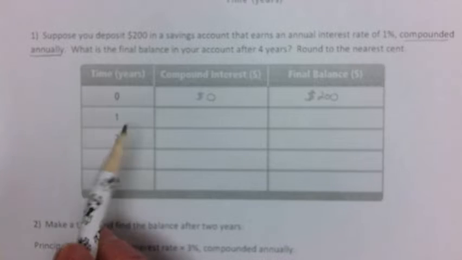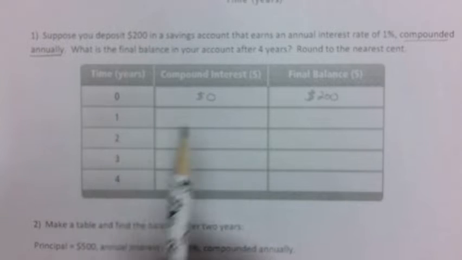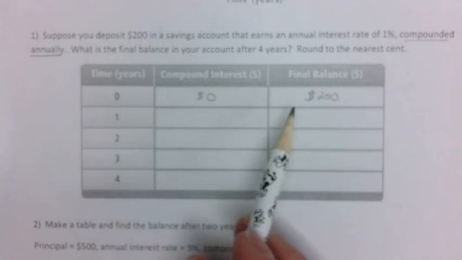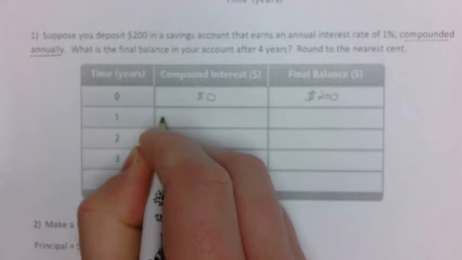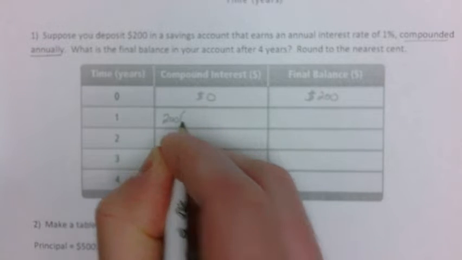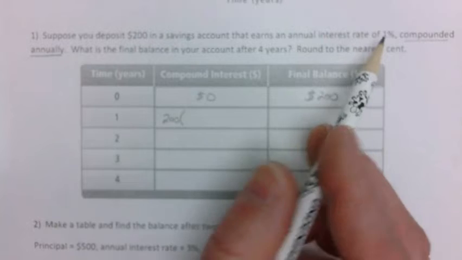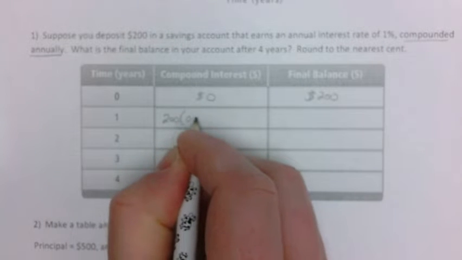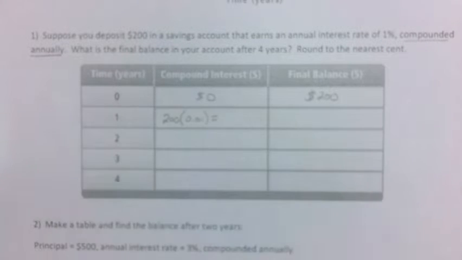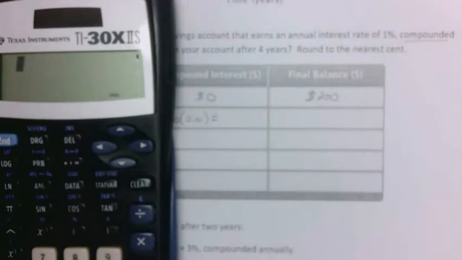All right, after 1 year, in order to calculate the amount of interest earned, we're going to take our previous balance, which in this case was $200, and multiply it by the rate for each year, which was 1%. 1% in decimal form is 100th. If you did 200 times 100th, notice that you get an answer of 2.